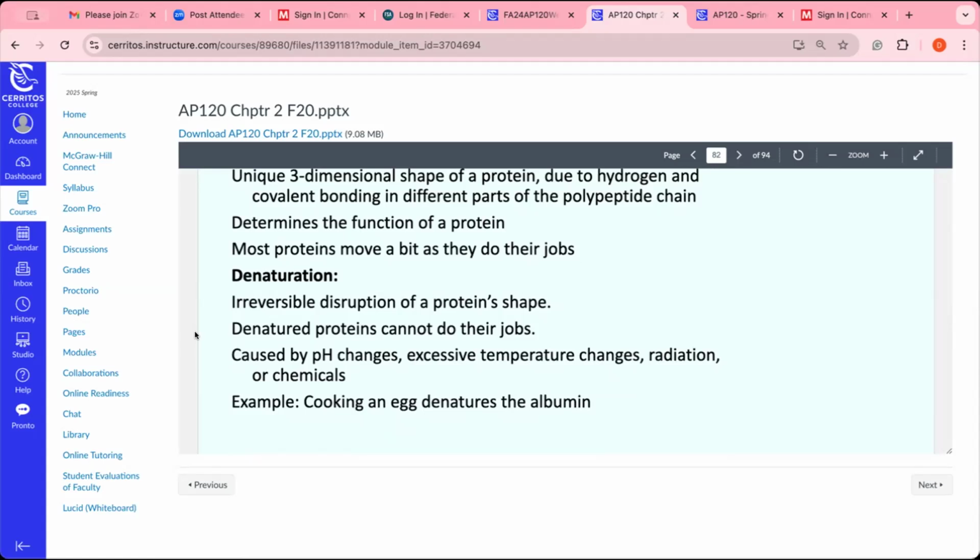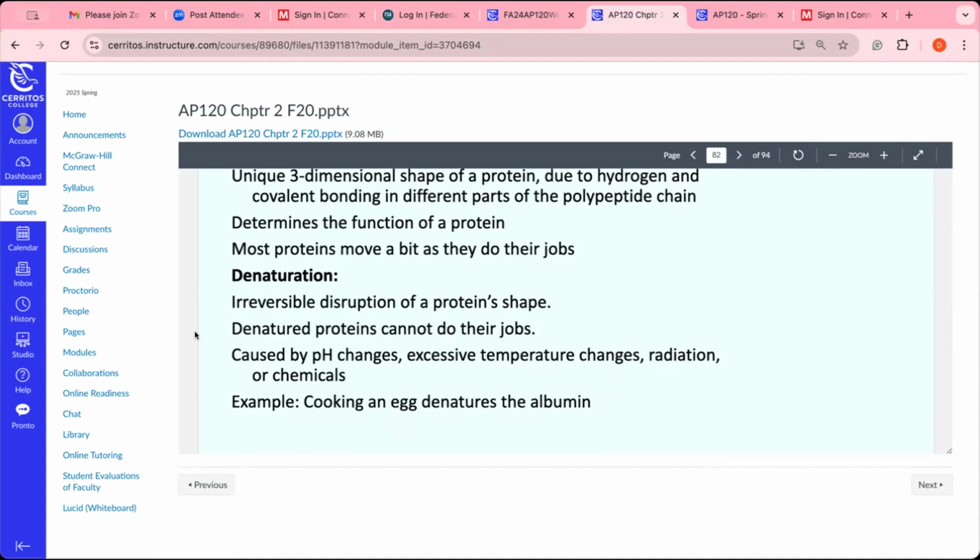Here's an example. If you think about cracking an egg, you have the white part, you have the yellow part. You cook the egg long enough, the albumin becomes denatured, so it changes its form.